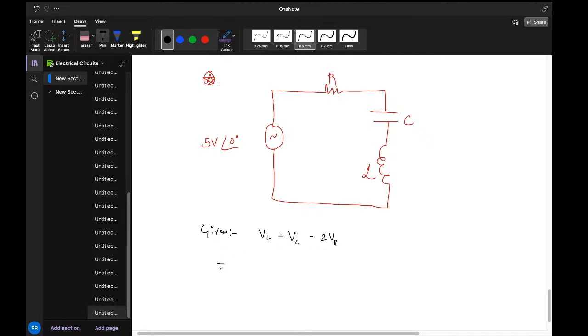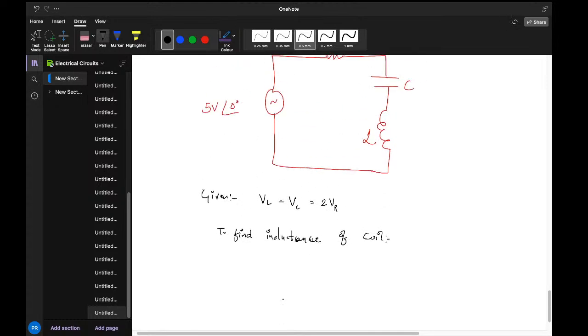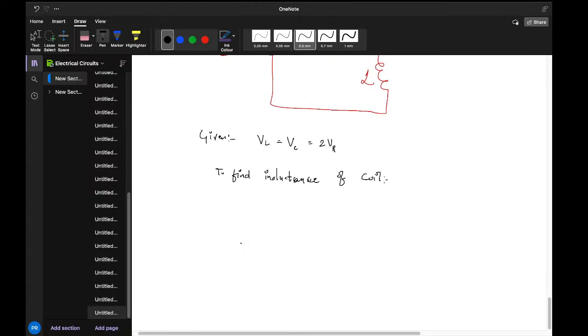To find the inductance of the coil. So let's just try finding the inductance of the coil, which is L over here.